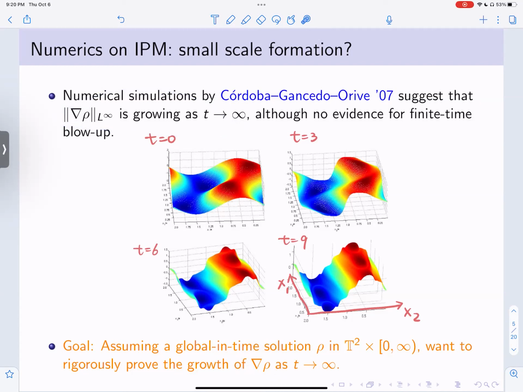It means that if there is a classical solution for all time, then the gradient of rho will have at least that kind of growth. And if there is no global well-posedness, then the gradient of rho will only have a more dramatic growth, because it will go to infinity in finite time, right? So for the solution during its lifetime, we will show that the gradient of rho at least has a certain kind of growth.